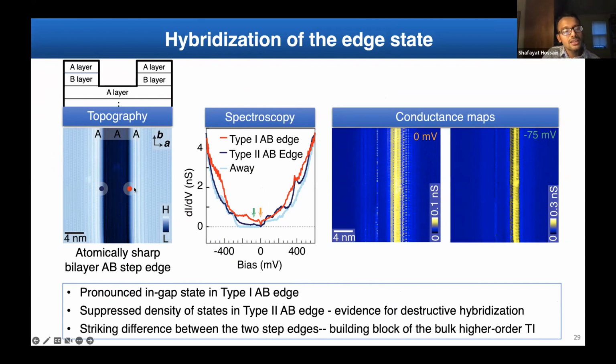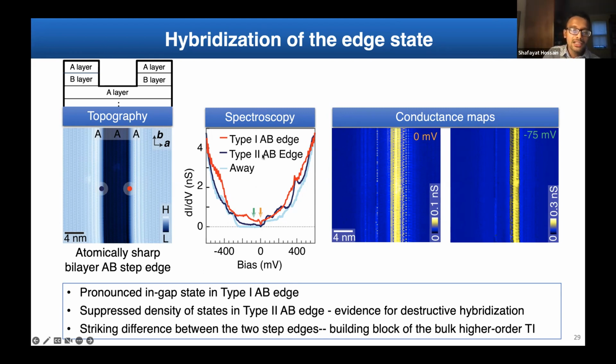And here what we can do is we can first place our tip exactly at this edge here with the red dot, and we can do a spectroscopy, and we see that there is a clear edge state. Versus if we place the tip on the other edge, on the blue one, we see that there is no edge state. The spectra is gapped.